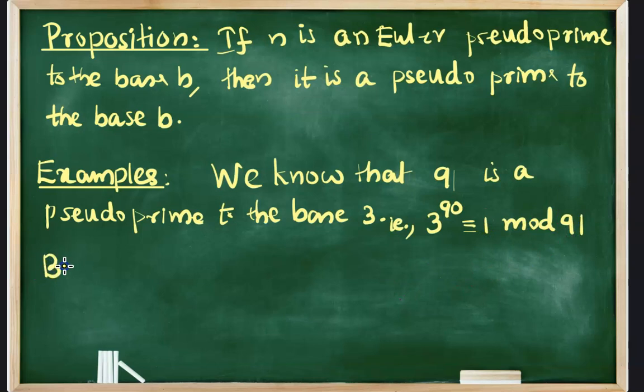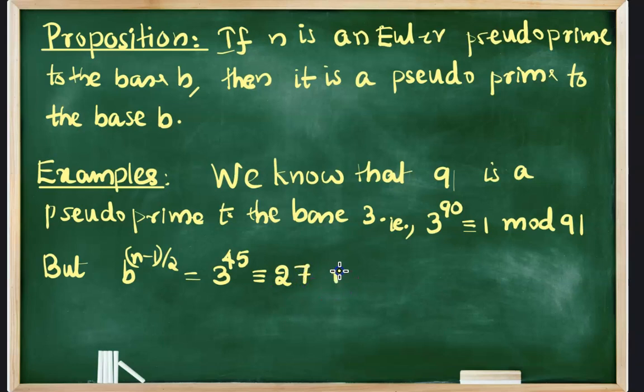But we can observe that b raised to (n-1)/2, that is 3 raised to (91-1)/2, which is 45, is not congruent to 1 or -1, since this is in fact congruent to 27 modulo 91.